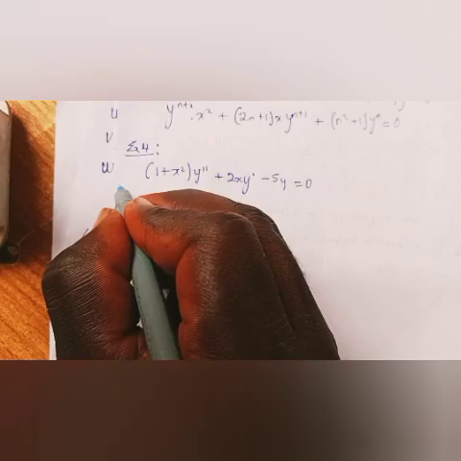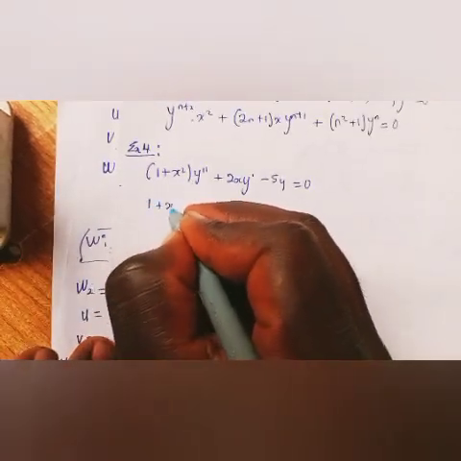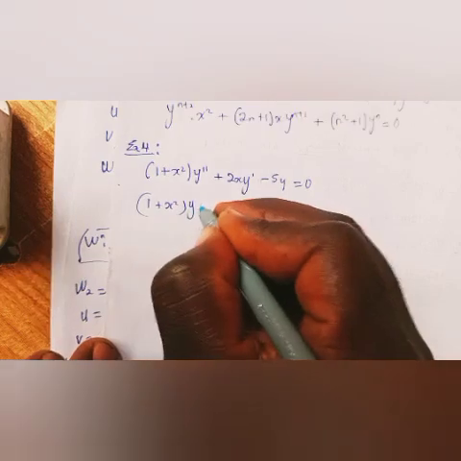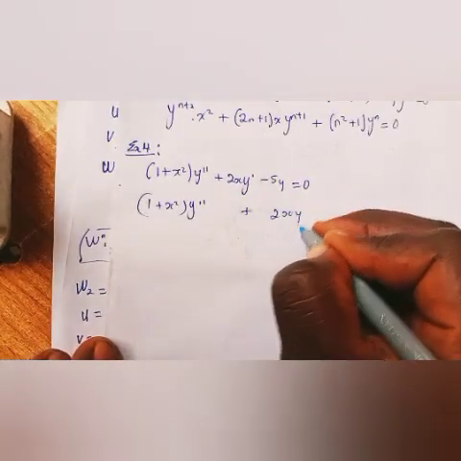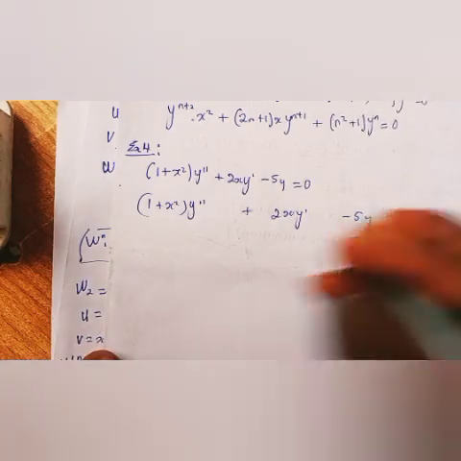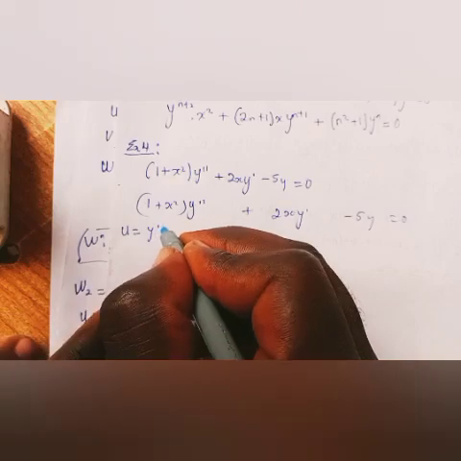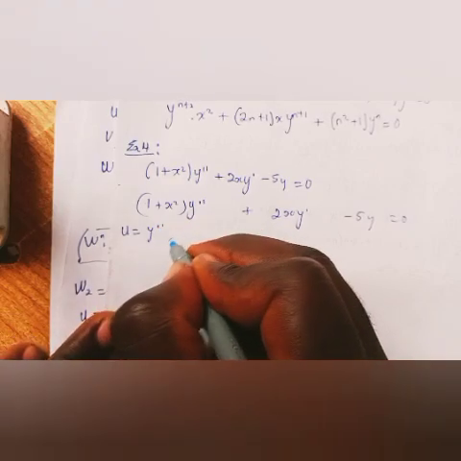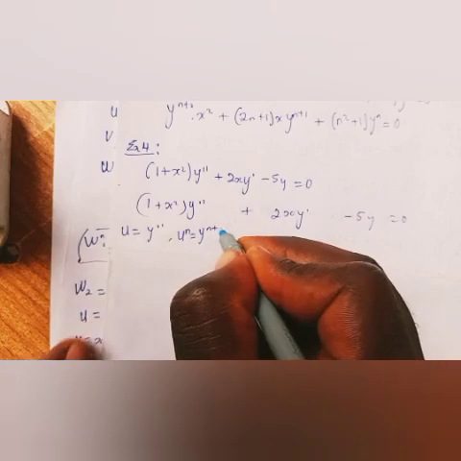Now I can see that from this, let me rewrite again. So we have 1 plus x squared y prime prime plus 2xy prime minus 5y equals to 0. From here, my u equals to y prime prime, with un equals to yn plus 2.